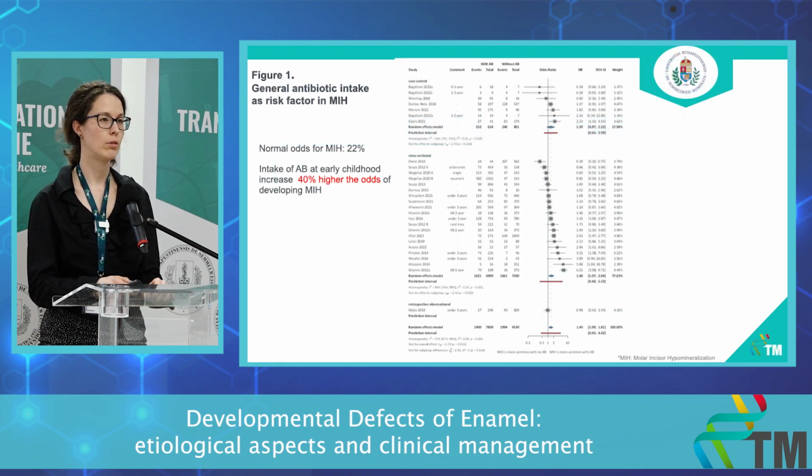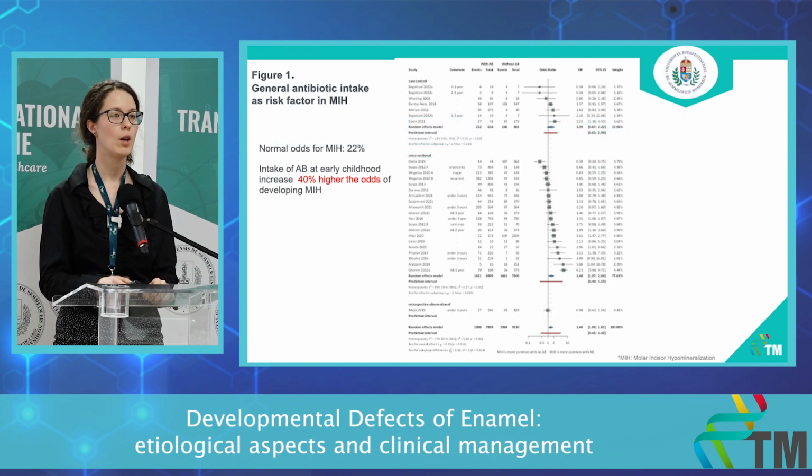In the first figure, you can see the general antibiotic intake, where the normal odds for MIH is 22%. Our population are children, and in the events part you can see the patients who have MIH. The first 2 columns are the patients who have taken antibiotics, so these are the exposed population, ending with 7,800 patients, and in the second 2 columns you can see the unexposed population, which ended with 9,130 patients who have taken no antibiotics at early ages.